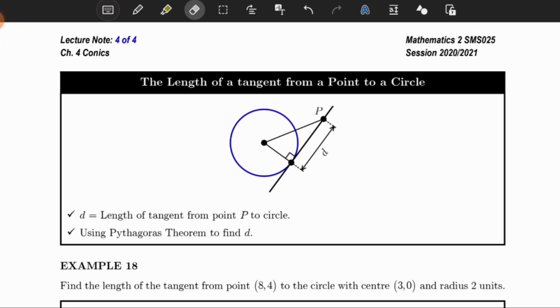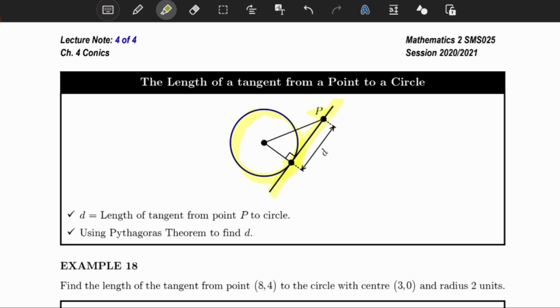Let's learn how to calculate the length of a tangent from a point to a circle. Consider this circle, and then this is the tangent. We have point P, and we want to find the length from point P to the touch point of the tangent.